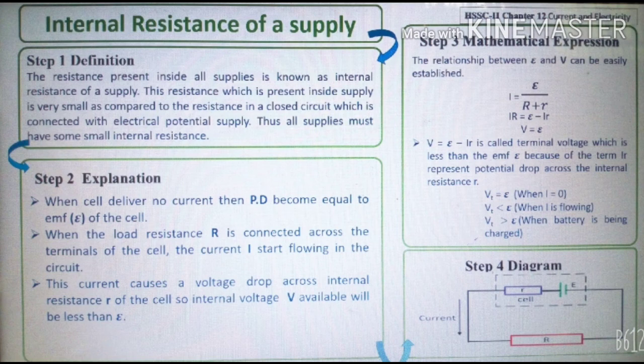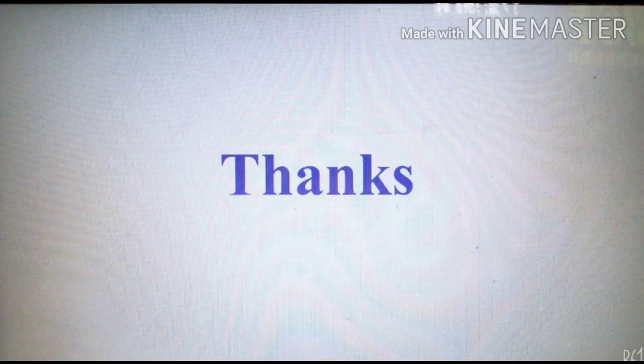This is a very simple circuit in which a small resistance r is connected across the positive terminal of a battery, and this is the internal resistance diagram, and capital R represents the external resistance, and all these resistances are connected in series with the battery.